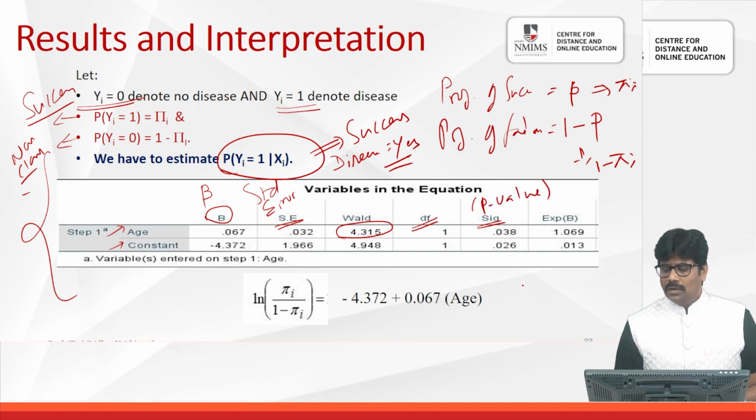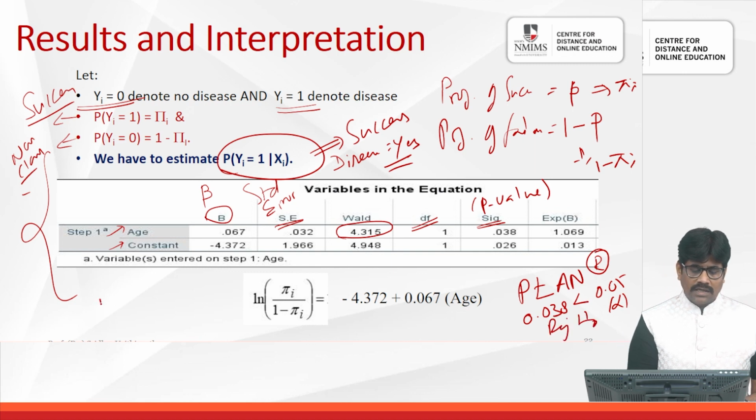So p value, as you remember, if p value is less than or equal to the alpha value, you need to reject the null hypothesis. So p value here is 0.038. If you take the alpha value of 0.05, then obviously p value is less than the alpha value, and hence I need to reject the H naught. What is the H naught here?